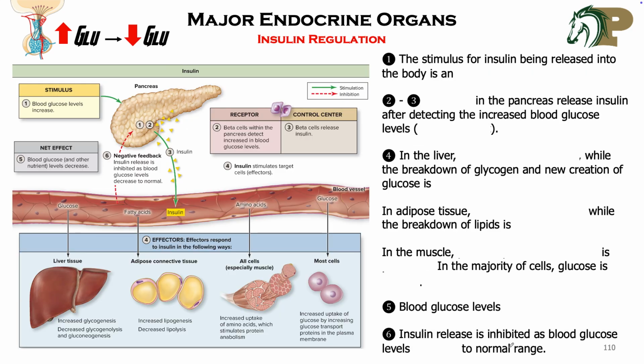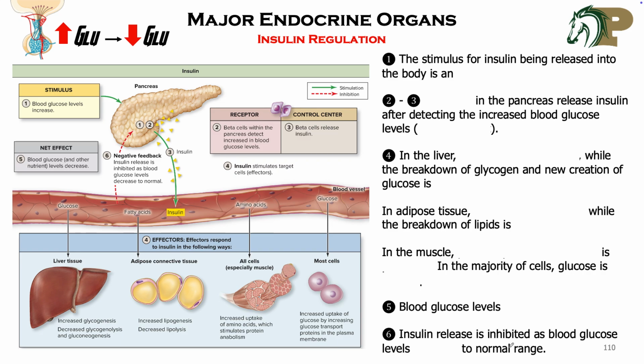Okay. So let's talk about the two notable hormones for the pancreas. That is insulin and glucagon. For both insulin and glucagon, when we're talking blood glucose levels, we're talking a humoral effect here. So we have no hormone coming from the pituitary to stimulate the pancreas to release these two hormones.